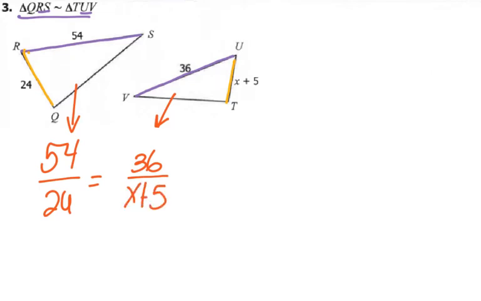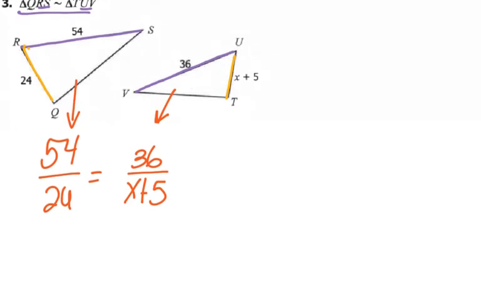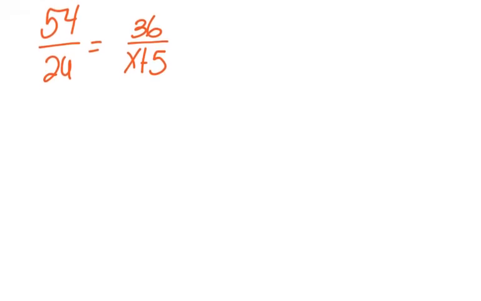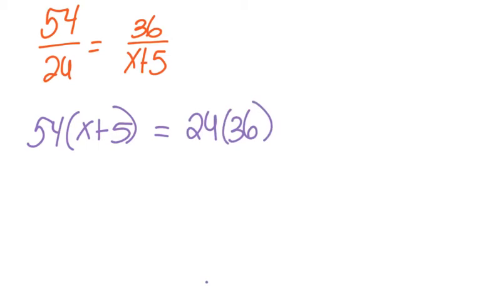When we cross multiply, we will be using distributive property for this. Take a closer look. We will have 54 times x plus 5, and we'll set that equal to 24 times 36. Let's go ahead and solve.